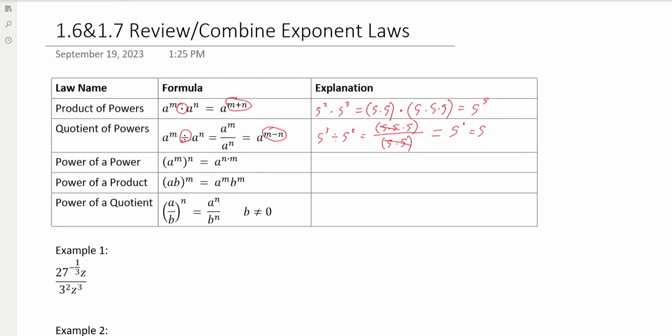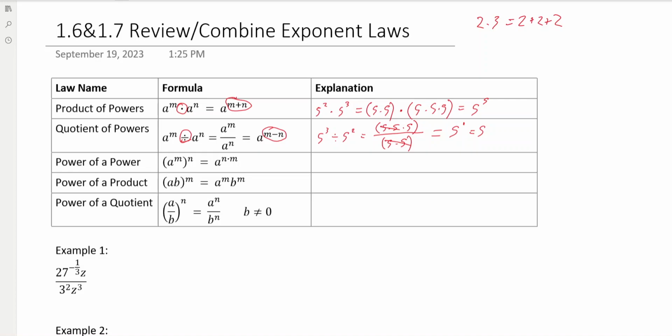So I think about this as simplifying. When we're doing an exponent law, we're generally doing a simpler version of whatever it was. So I think of addition as a simpler version of multiplication, because 2 times 3 is like saying 2 plus 2 plus 2. So you can explain multiplication using addition.